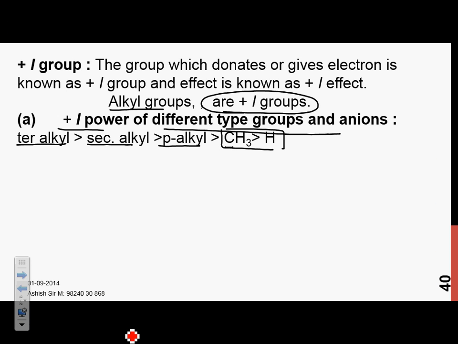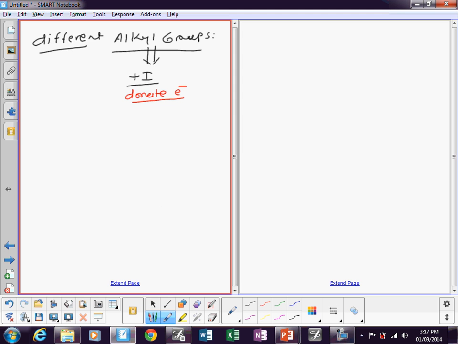Are you following this? What am I trying to explain to you? They donate electron. We have three kinds of alkyl groups.